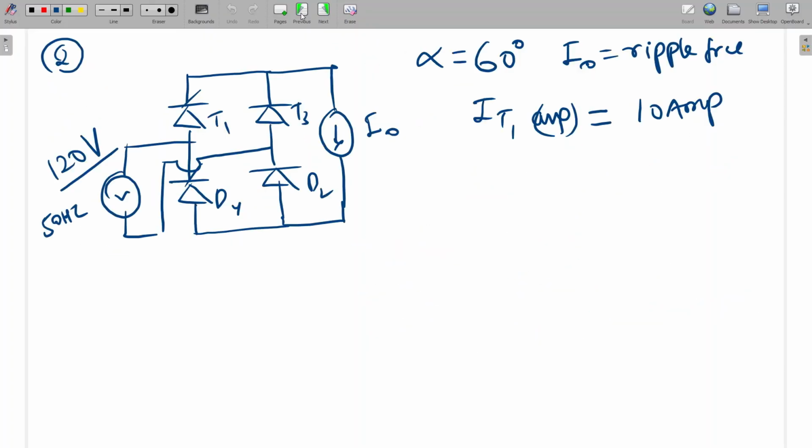I'll do it fast. Can anyone tell how we can proceed in this question, just from the given data? Alpha is given, I naught is given, IT1 average is given, and we have to calculate the output power.